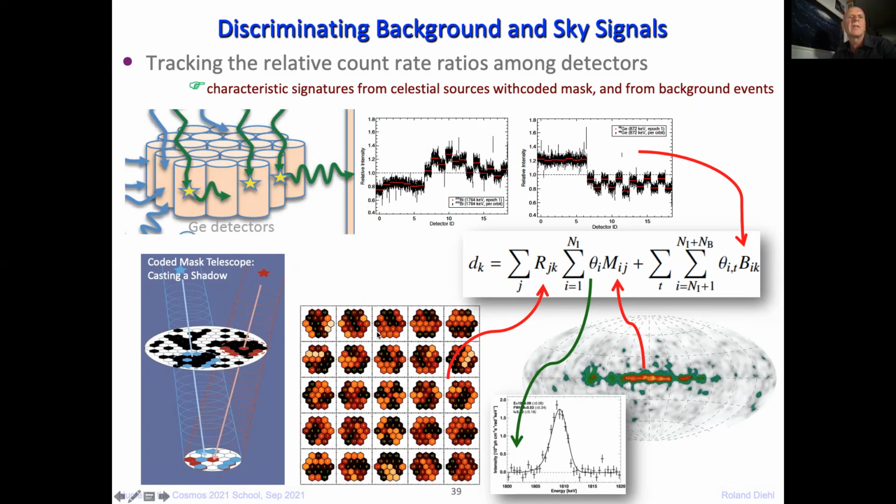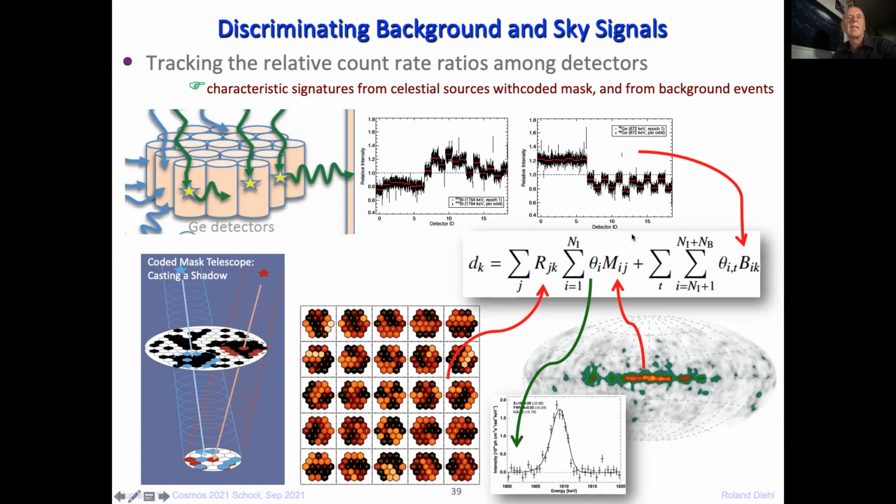You also have characteristic signatures from the coded mask that are shown here. And the data analysis basically has to determine in each spectral bin, and for each detector, the number of counts that you see from the sky, which is the intensity of the sky folded with the coded mask response matrix. This is the background, which is determined from background modeling.